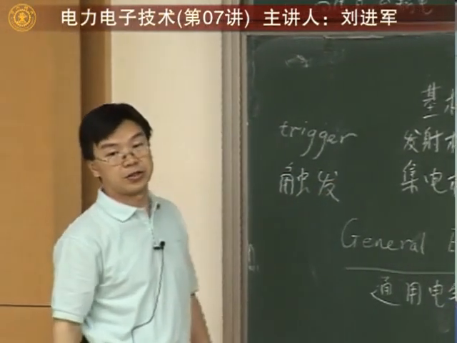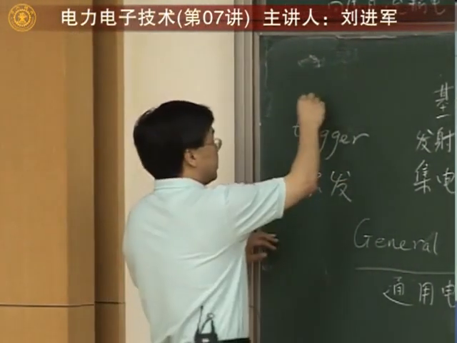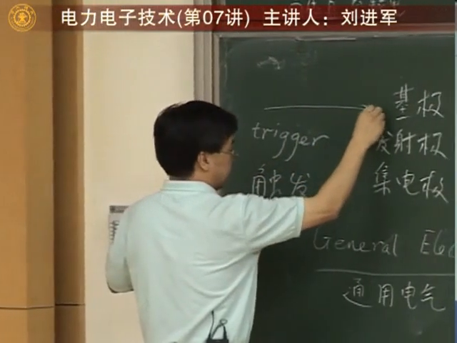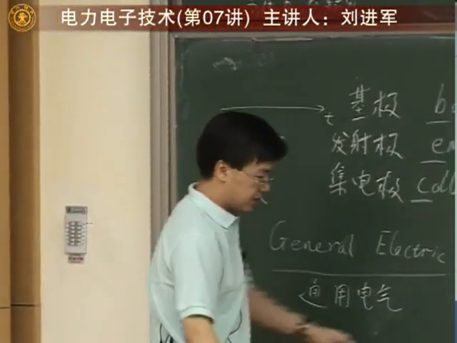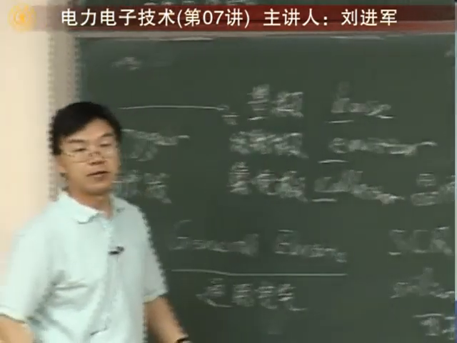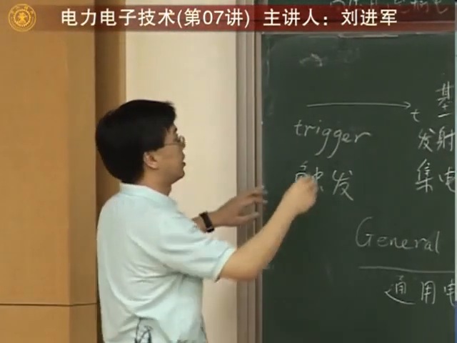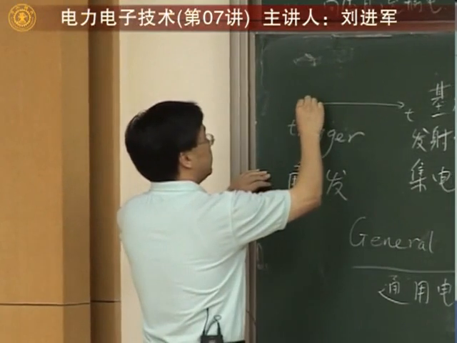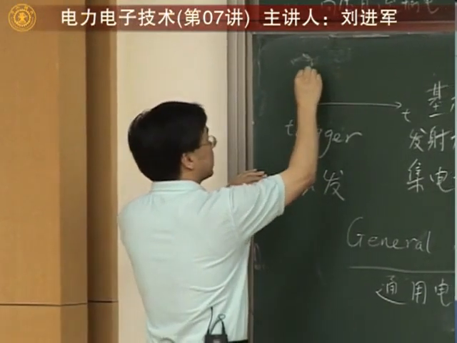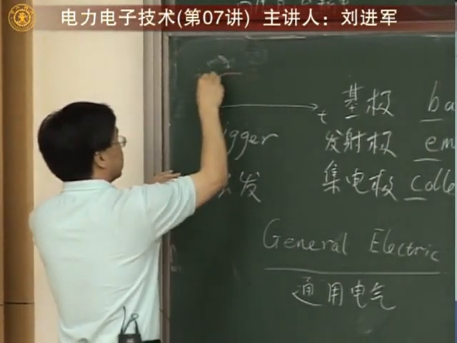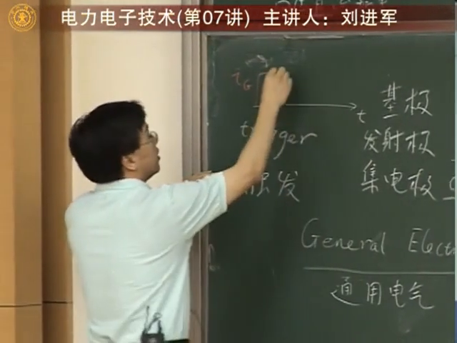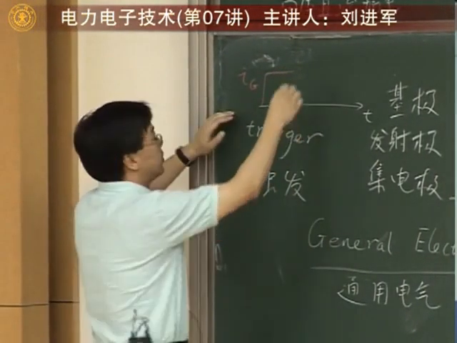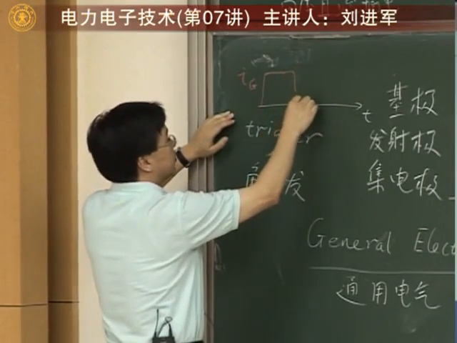This is called trigger. Trigger means, if you look at the waveform of the gate current you inject into the thyristor, if you want to turn it on, you inject some gate current here, and then when it is already turned on, you can remove it.